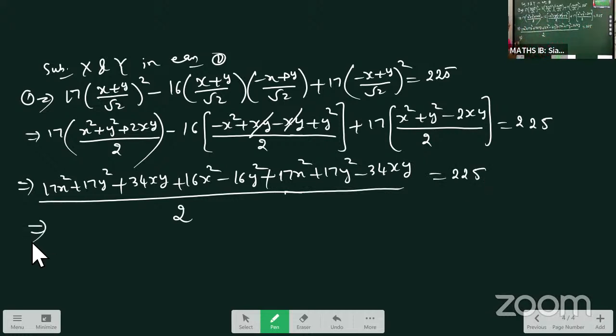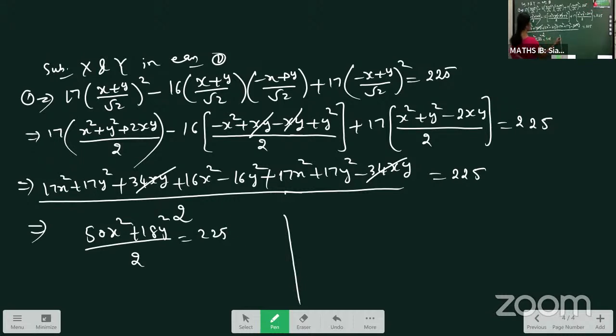Take the x square terms: 17x square plus 16x square is 33x square, 33 plus 17x square is 50x square. Next, minus 34xy plus 34xy cancel. Y square terms: 17y square minus 16y square is 1y square, 1 plus 17y square is 18y square, divided by 2 is equal to 225.